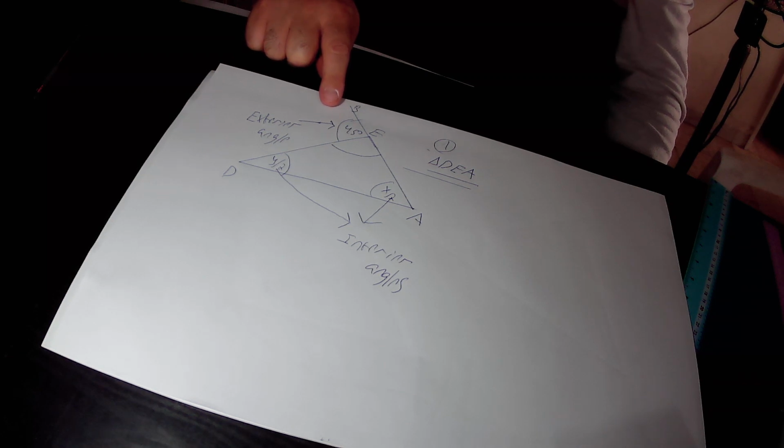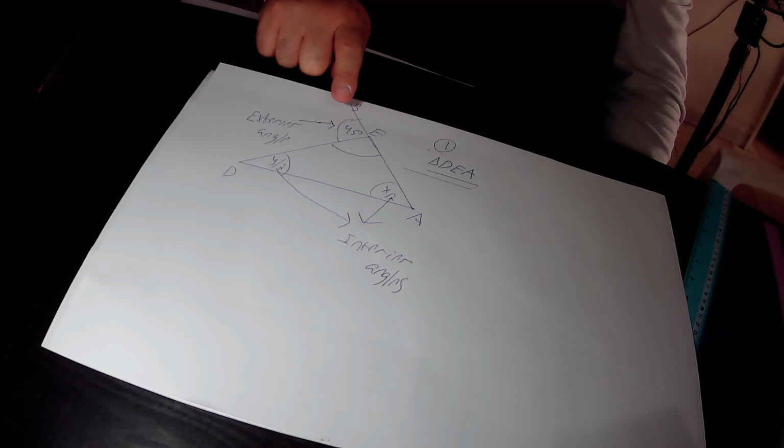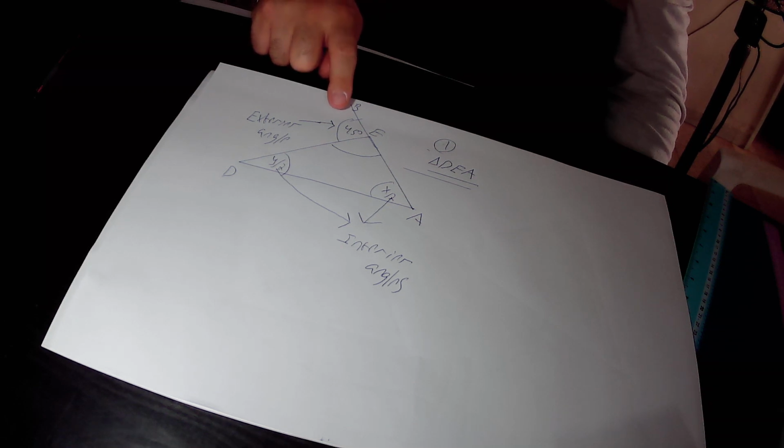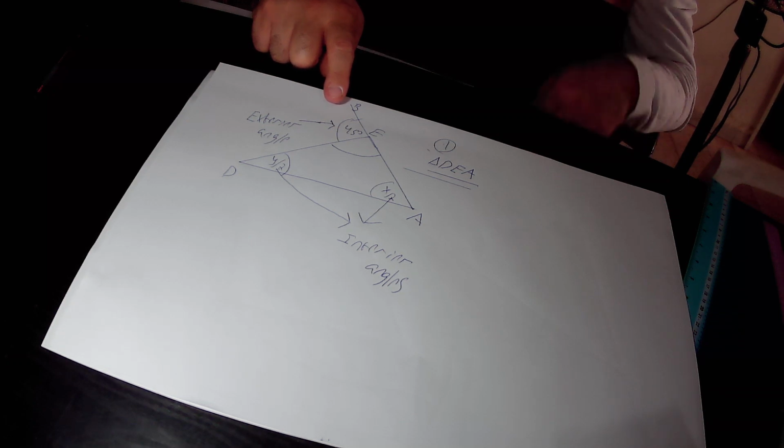Angle BED is defined as an exterior angle, why? Because it is located outside triangle DEA. And according to rule 4, the size of this exterior angle BED equals the sum of the two interior angles that are not adjacent to it.